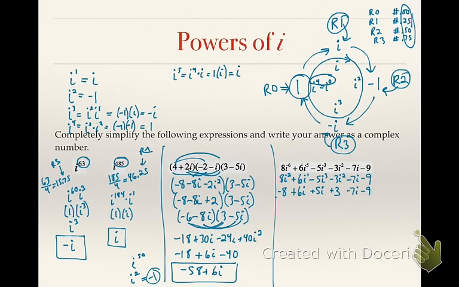Combine all the real parts, negative 8, positive 3, negative 9 gives me negative 14. Combine all the imaginary parts, 6, 5, and negative 7 give me negative 4. Oh, positive 4. So positive 4i. And that's my answer as a complex number.